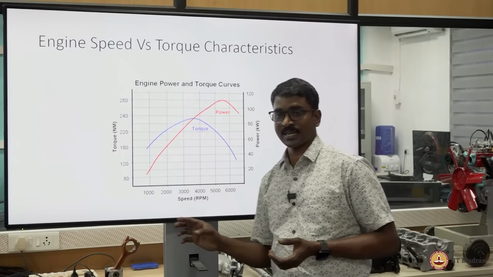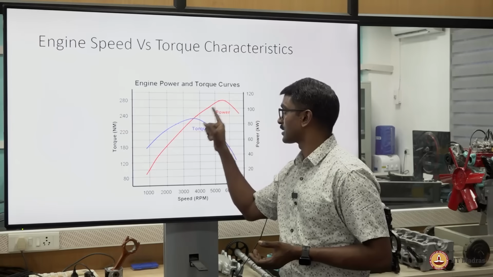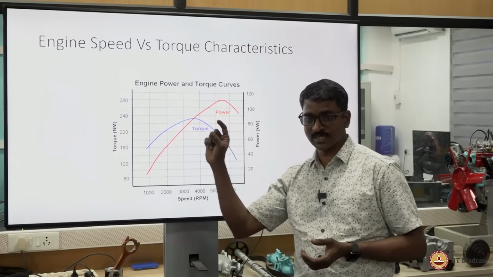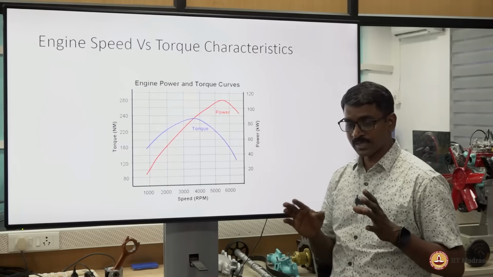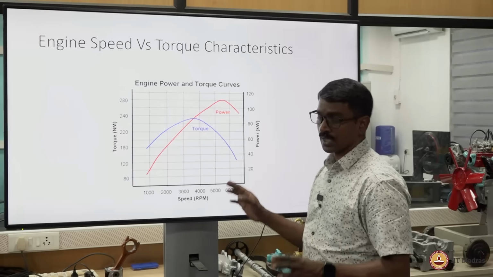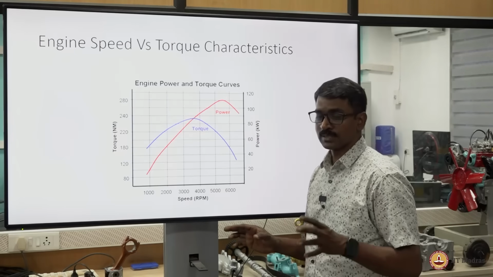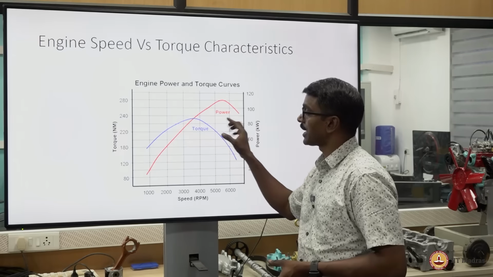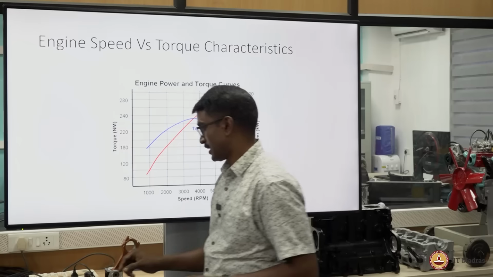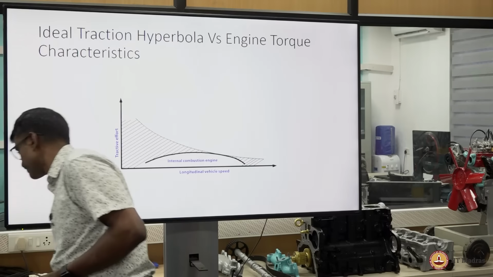Because of these characteristics, where the power and torque peak at a particular region of engine speed rather than the entire range, the torque demand required by the vehicle cannot be fulfilled. That is where the gearbox comes into the picture.